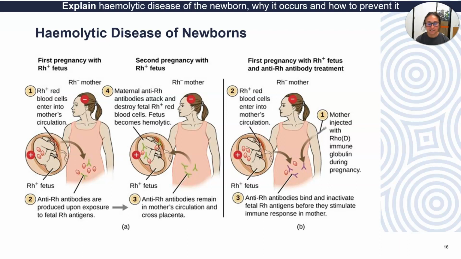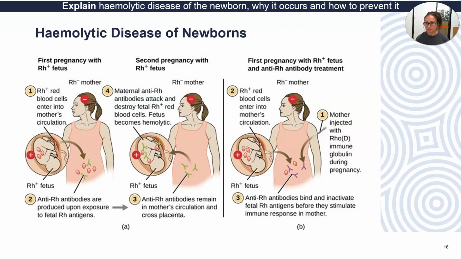So for example, if mum gets some of her baby's red blood cells into her bloodstream, because she thinks it's something foreign, she will make antibodies to kill that red blood cell. So this is what this picture shows. If the baby's red blood cells go into the mum for whatever reason, trauma or whatever, mum will make Rh antibodies.